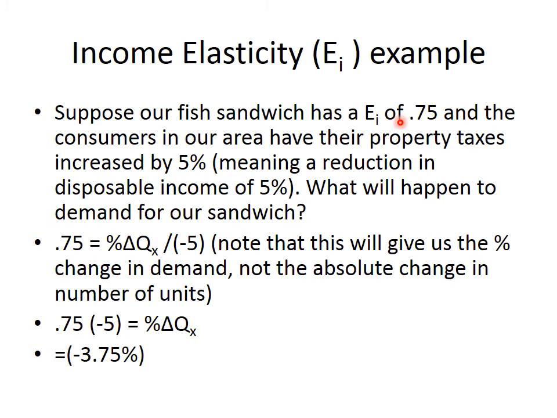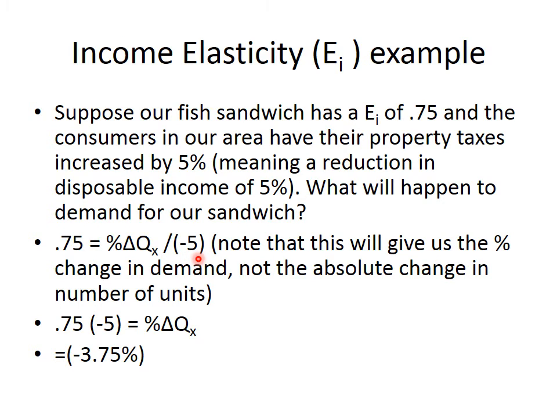We're given our elasticity coefficient. Well, what have we learned all along about how elasticity coefficients are calculated? The elasticity coefficient equals the percentage change in quantity divided by the percentage change in income. Before it was price.